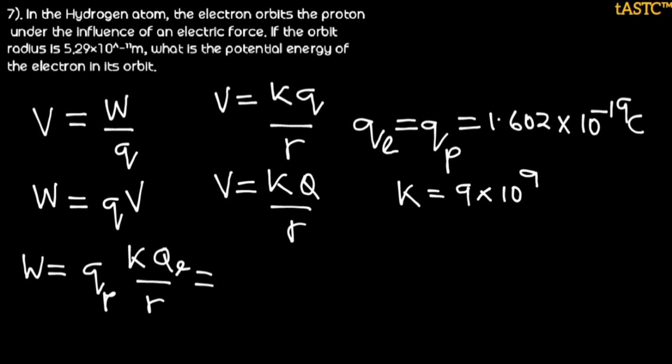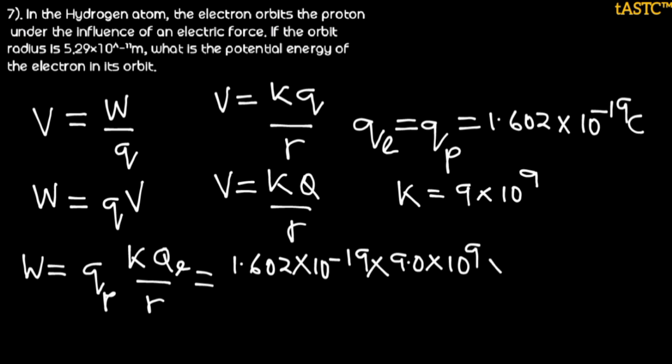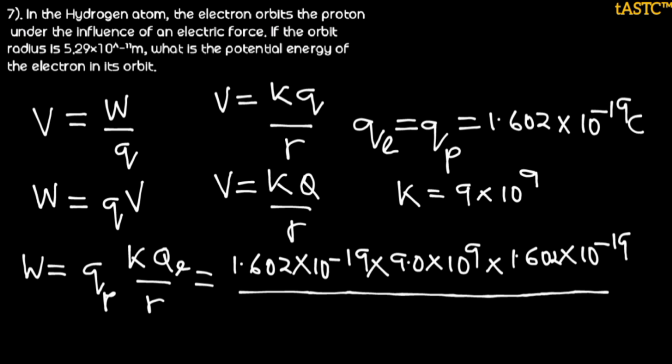So this is still going to be 1.602 multiplied by 10 to the power of negative 19. This will be multiplied by K, which is 9.0 multiplied by 10 to the power of 9. Now multiplied by Q sub E, which is basically the same thing, 1.602 multiplied by 10 to the minus 19, and this is going to be divided by R. R is the radius. Now the radius is 5.29 multiplied by 10 to the power of negative 11.